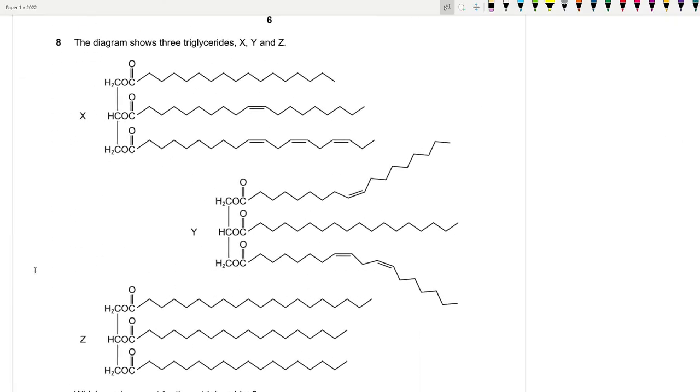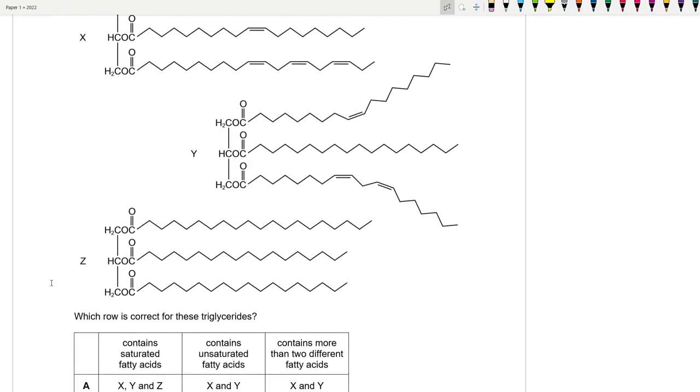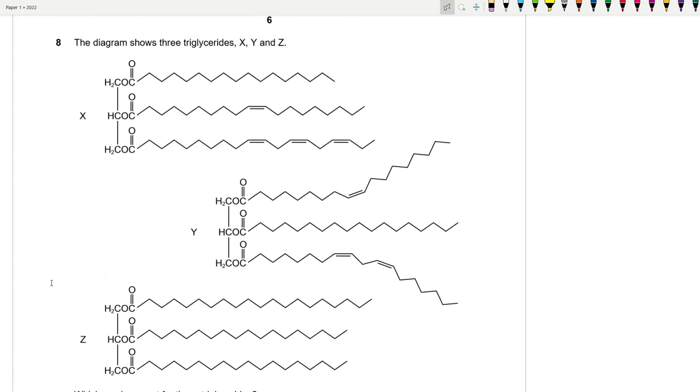8. The diagram shows 3 triglycerides, X, Y, and Z. Which one is correct for these triglycerides? Contains saturated fatty acids. Okay, so basically these two are unsaturated mainly. But look at this side chain over here. This one is saturated, this one is unsaturated, unsaturated, saturated, unsaturated, saturated, saturated, saturated.